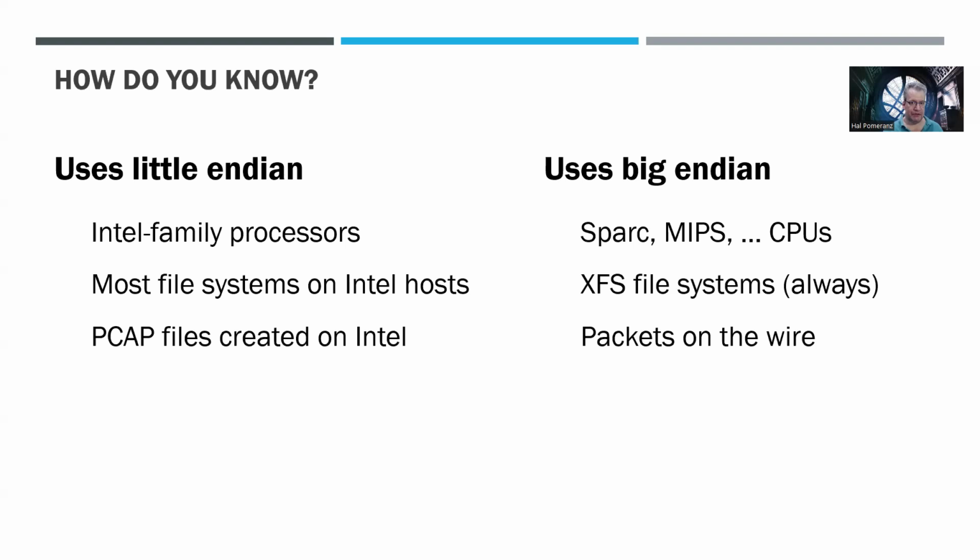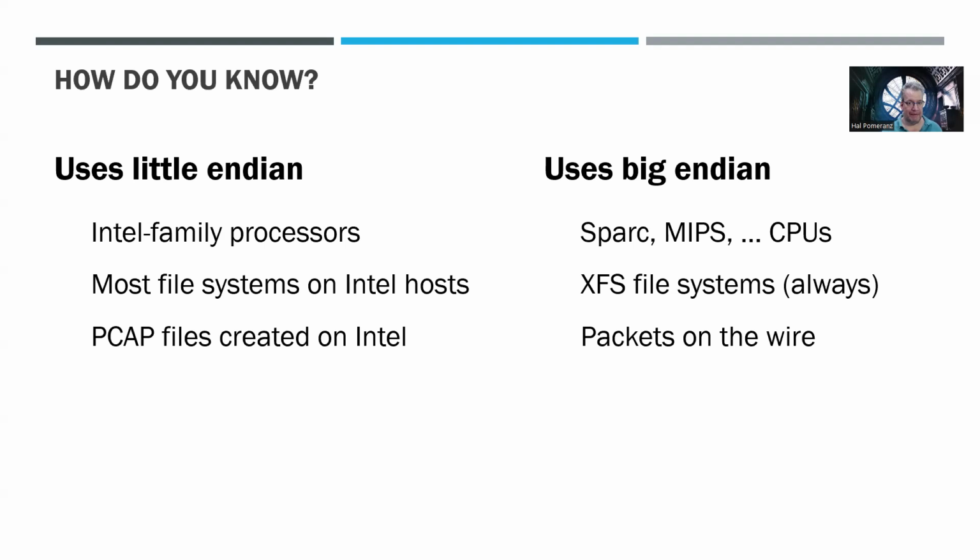The XFS file system was written as a big endian only file system. So even on Intel, all of the data in XFS file systems is big endian, which is great for me when I'm using my hex editor. For you, you'll never know the difference because there are macros to convert the byte ordering.